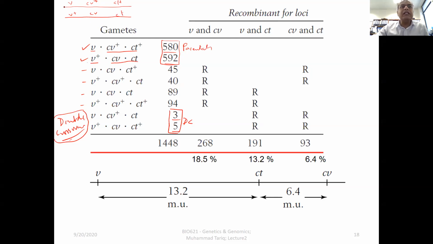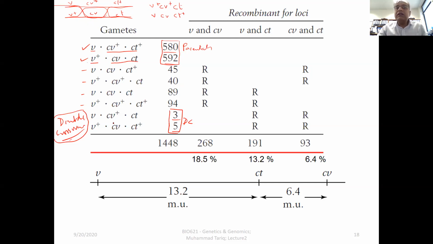Now double crossover means it goes like this: vermilion, cross veinless, cut, and the reciprocal crossover will be vermilion, wild type, cut, wild type. So you will get a product of this: vermilion plus, cross veinless plus, cut. And the other one will be vermilion, cross veinless, and cut plus.